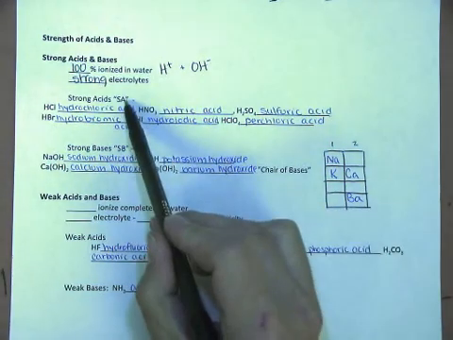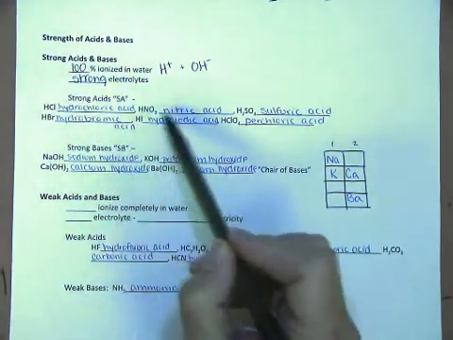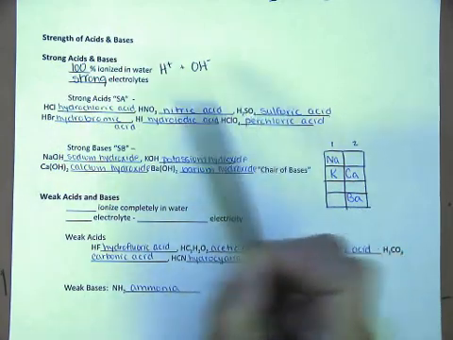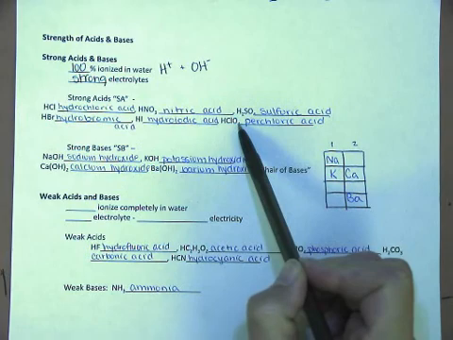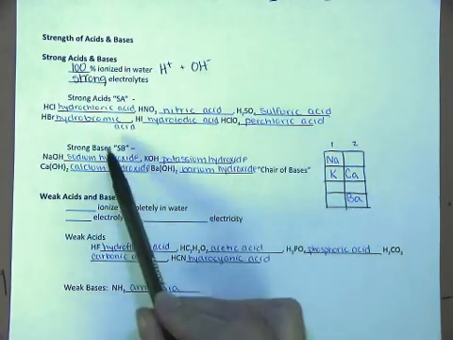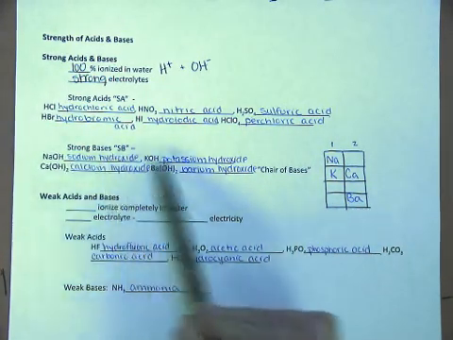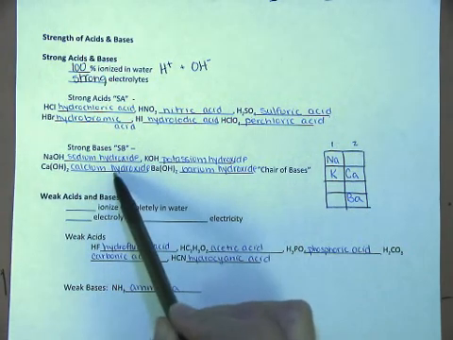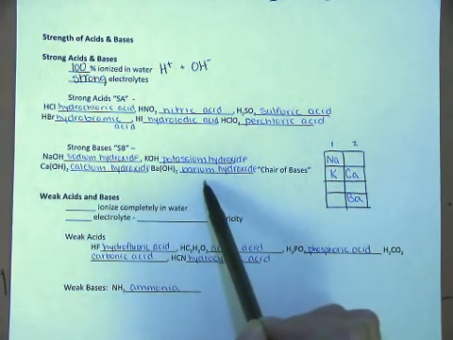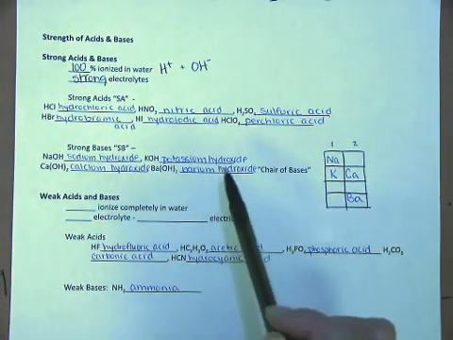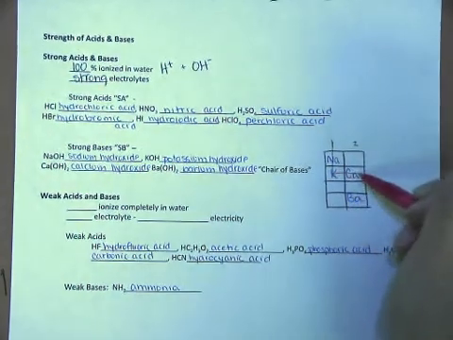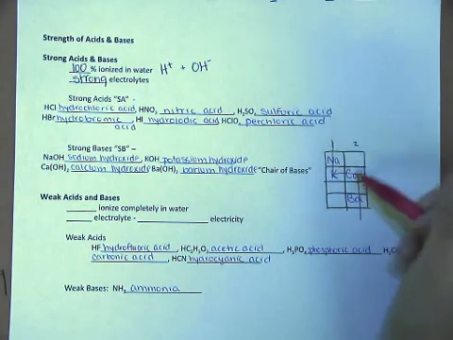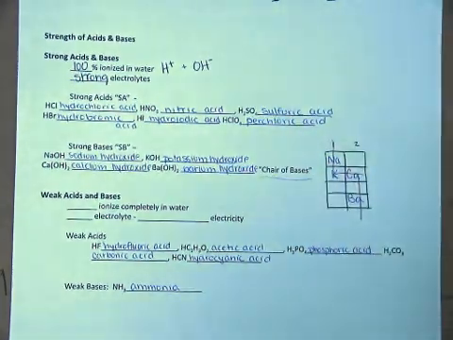Some examples of the strong acids: hydrochloric acid, nitric acid, sulfuric acid, hydrobromic acid, hydroiodic acid, and perchloric acid. Some of the strong bases are sodium hydroxide, potassium hydroxide, calcium hydroxide, and barium hydroxide. If we look on the periodic table, we'll notice that our bases kind of make a chair across, and it is considered the chair of bases.